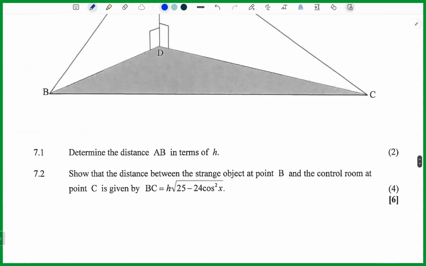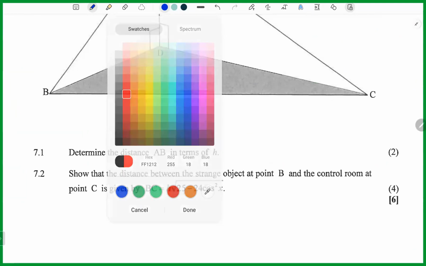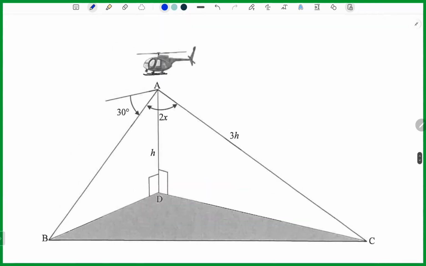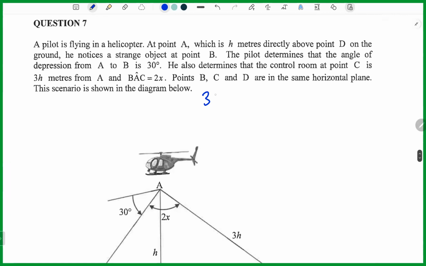Okay, I want us to spend a little bit of time looking at this 3D trigonometry, three-dimensional trigonometry.